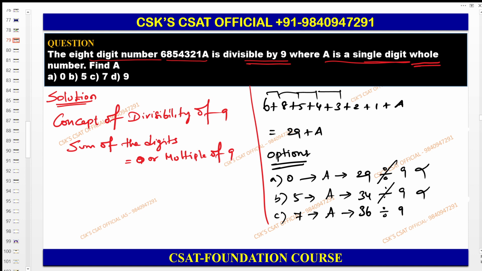Anyhow, we will check the fourth option also. Here I place 9, and you will get 38. This is not divisible by 9. Only one option gives you a number completely divisible by 9, so the A value is 7. So the answer for this question is 7. Clear, everybody?